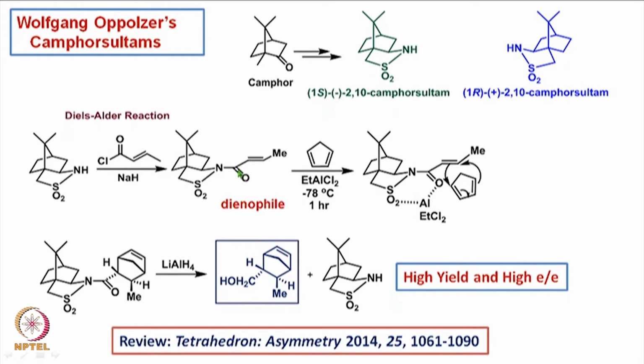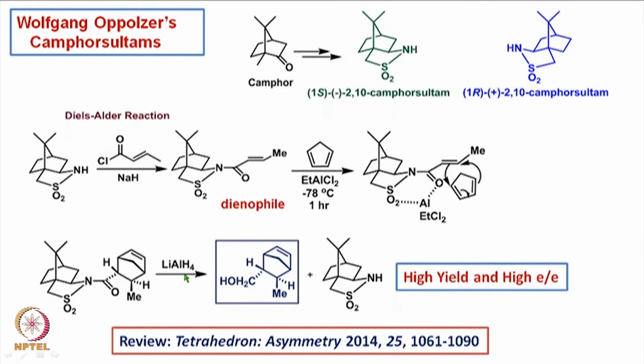Now if we allow this dienophile to react with cyclopentadiene in the presence of ethyl dichloroaluminum at minus 78 degrees, then the Diels-Alder reaction occurs from the lower side, because the upper side, as I mentioned, is sterically blocked, and therefore the reaction leads to the formation of this kind of Diels-Alder adduct, which contains the chiral auxiliary.